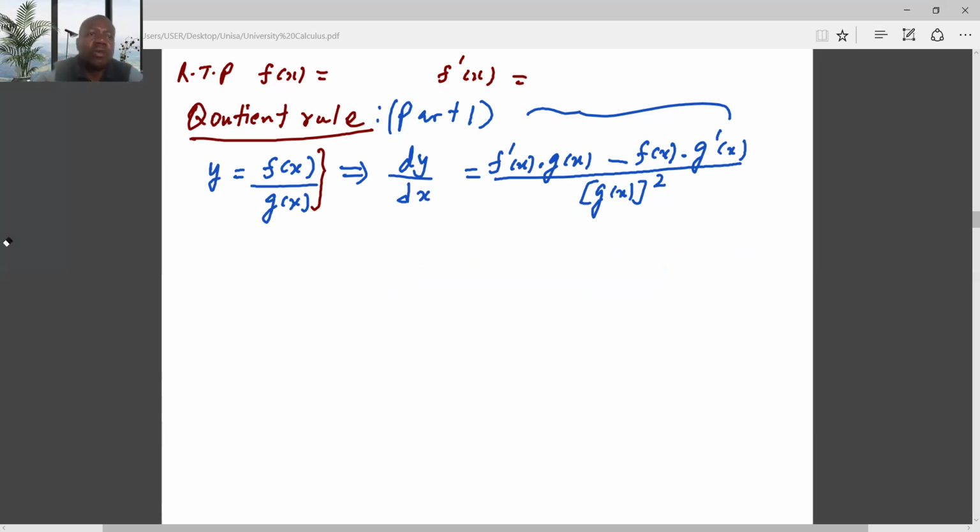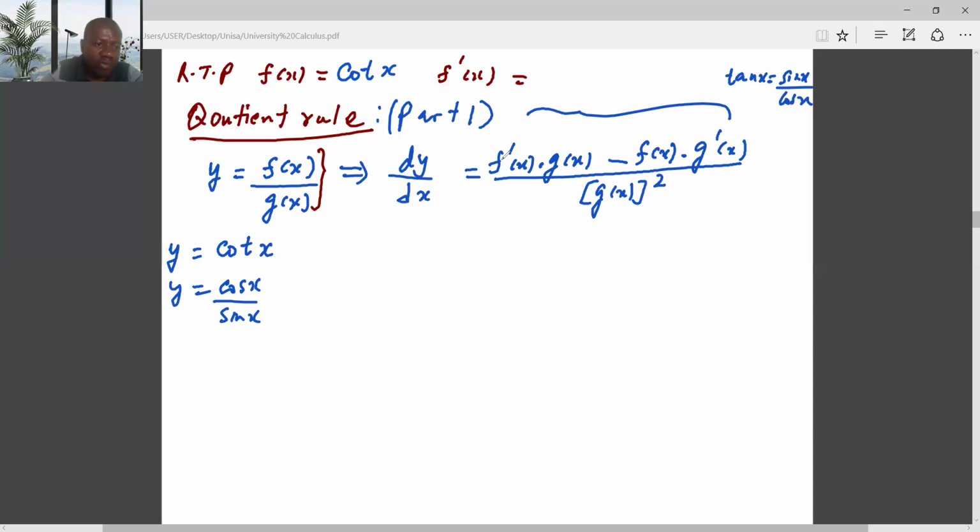Now we want to prove what is the derivative of cot x. According to the identities, cot is the reciprocal of tan. If tan x equals sine over cos, then cot will be cos over sine. So we still have a fraction.